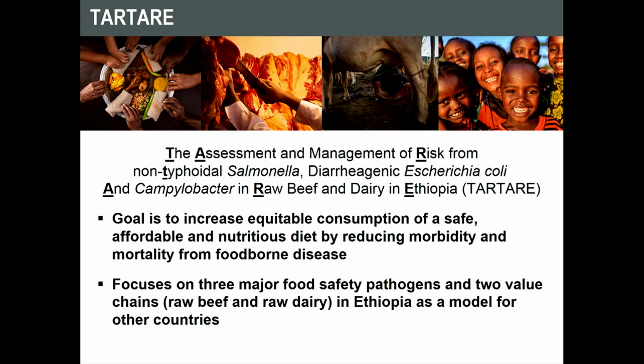And we are going to, as I said, focus on 2 value chains, raw beef and raw dairy. And we're looking at 3 major foodborne pathogens: non-typhoidal salmonella, campylobacter, and diarrheagenic E. coli, but probably STEC within that. And we're going to be using Ethiopia as a model for other low and middle income countries.